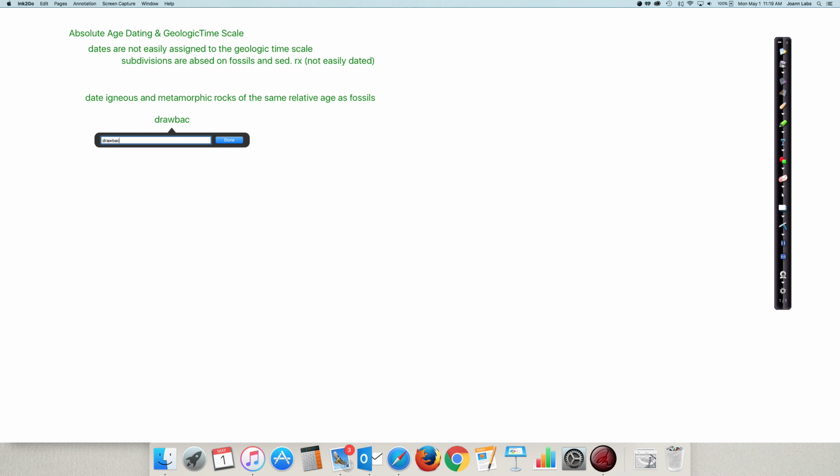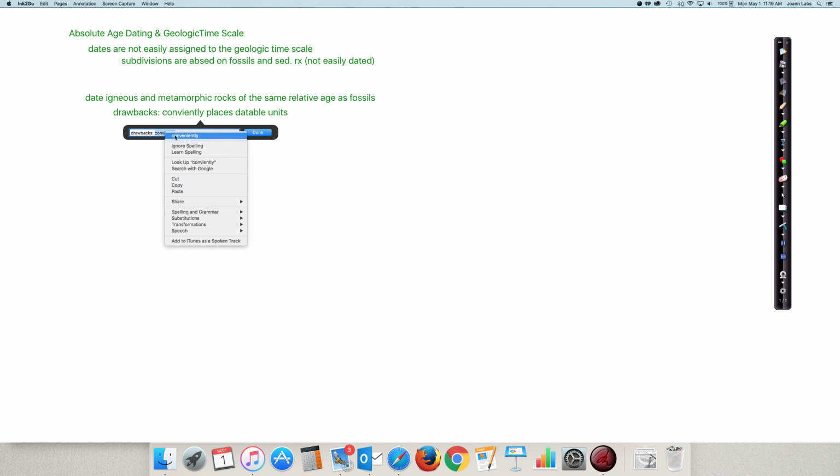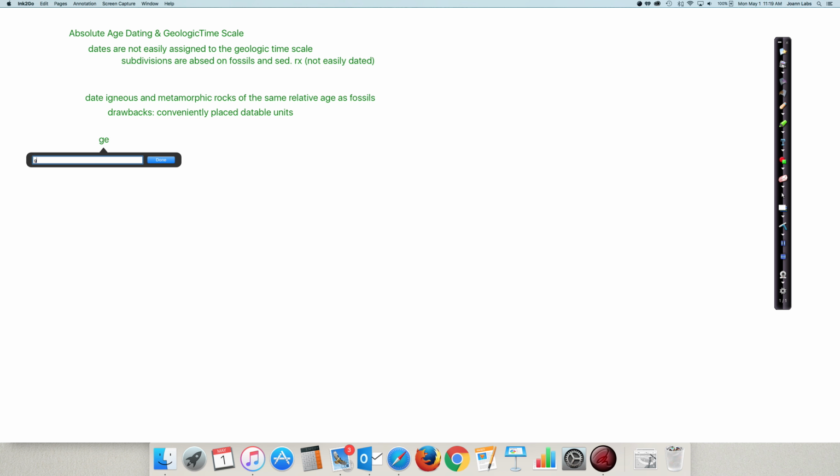Drawbacks: conveniently placed datable units. It's hard to find conveniently placed datable units. And because of this, the geologic time scale is under constant revision.